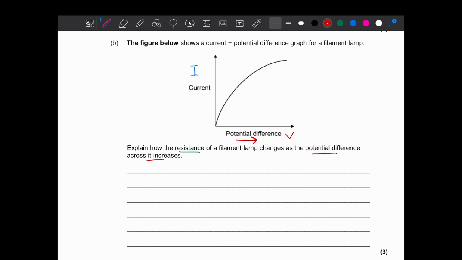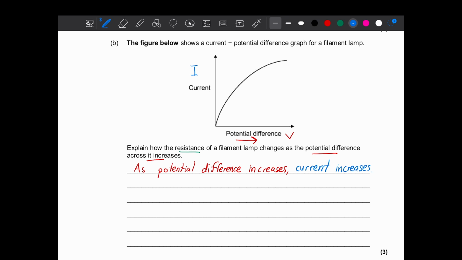Writing down that first line, as potential difference increases, and I'll color code current. Current increases. Okay, so we know that much.